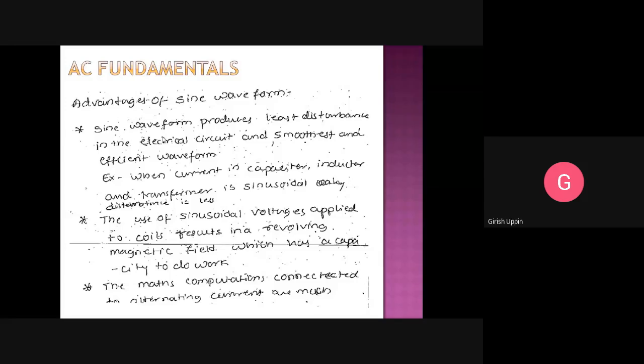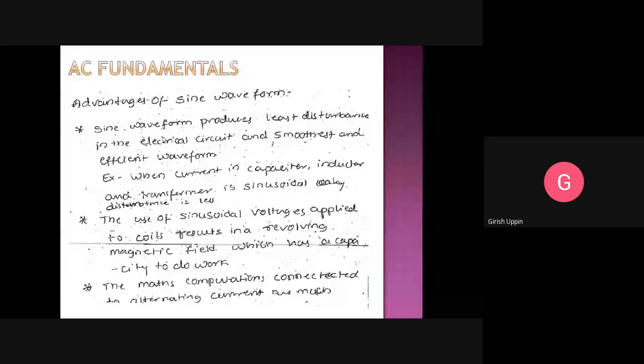When AC had advantages, when they were choosing the alternating quantities, they had different options, as I told you: square waveform, rectangular waveform, triangular waveform. In triangular waveform we can have multiple options. Out of that, the sinusoidal waveform was chosen because it inherently had many advantages over other waveforms.